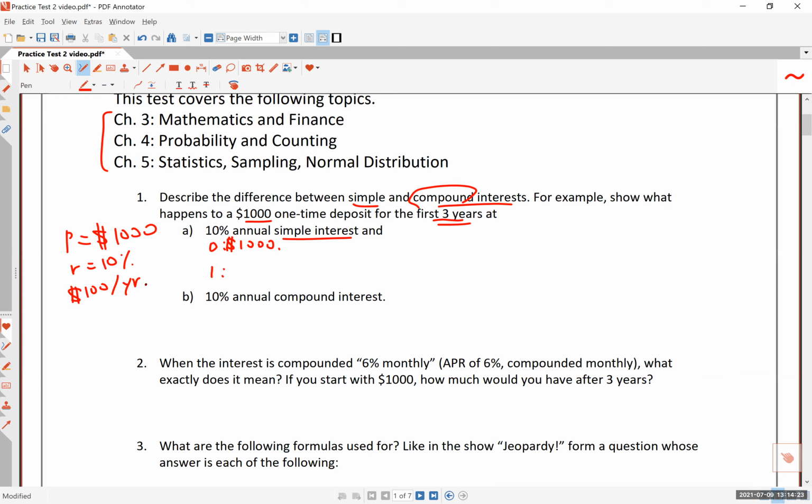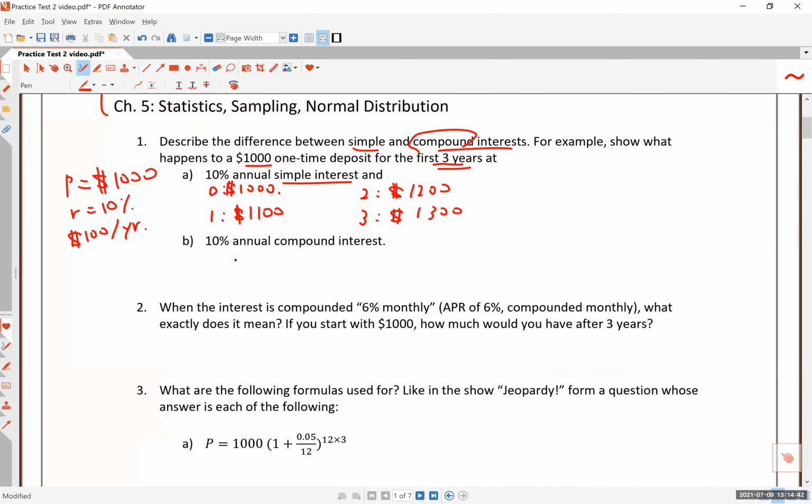Because at this point, we're talking about an annual interest rate. And so after 1 year, it's going to be just $100 more. After 2 years, you have $1,200. After 3 years, you have $1,300. Very simple, and that's why it's called simple interest.